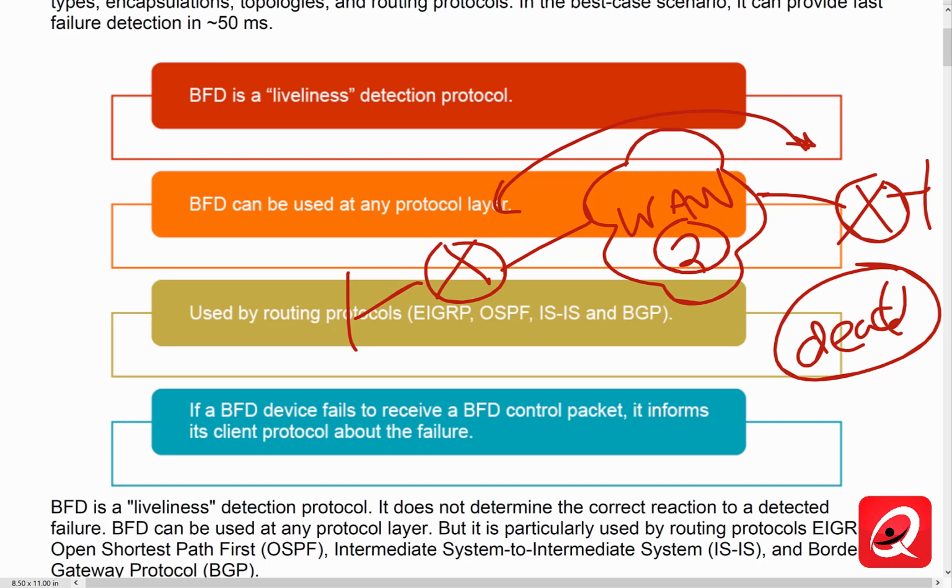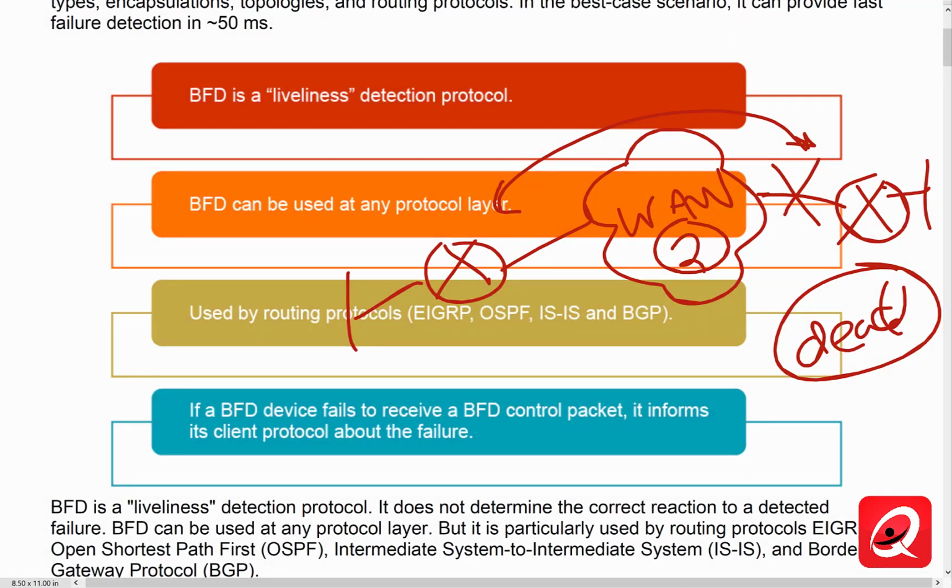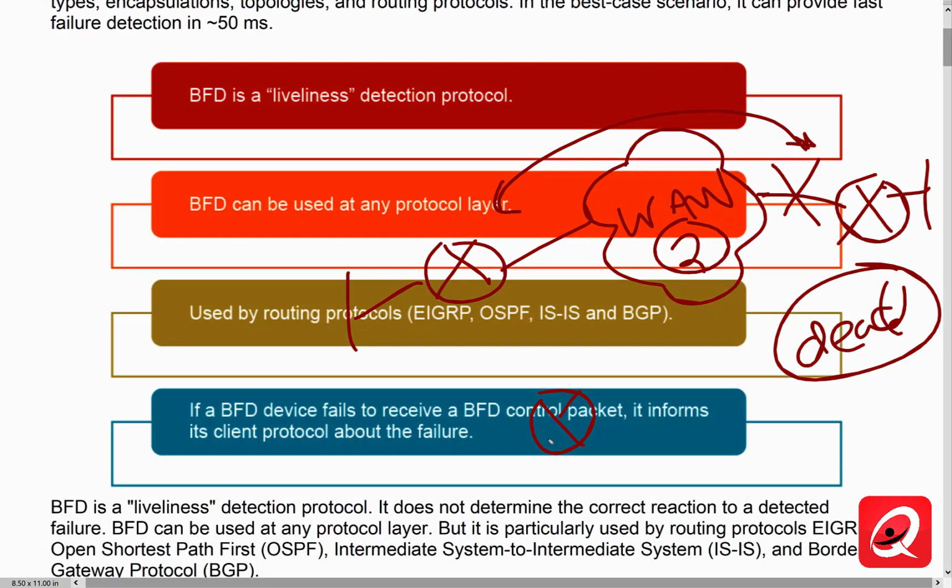We'll just go with the fast one. We can rely on that, right? If this link were to fail, convergence would be relatively slow, because we would have to wait for the dead timer to expire in order for us to identify that peer no longer exists. That's a really important concept.